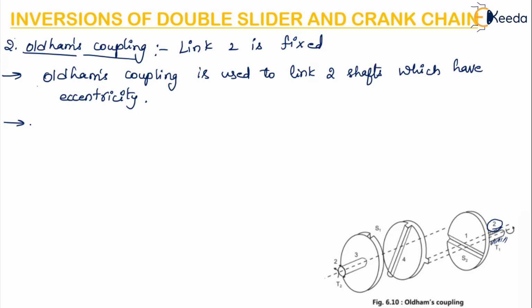So the axes of two shafts are parallel but displaced by a distance. Here you can see the two shafts, S1, that is shaft 1, and S2, shaft 2. You can see the axes of these two shafts are parallel but they are placed at some distance.